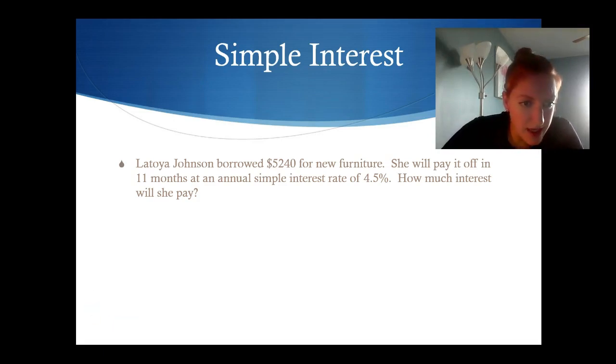So we're going to get our pen here, change it to a more appropriate color instead of red, because that can be depressing. And we go, okay, I know I need to use the formula interest equals PRT. And we need to identify which each of these variables stand for.